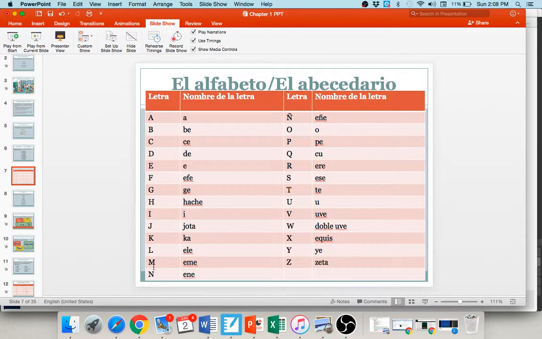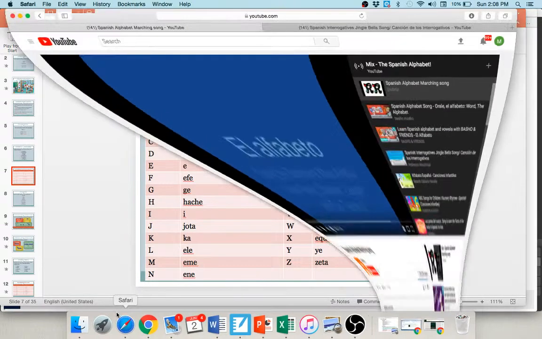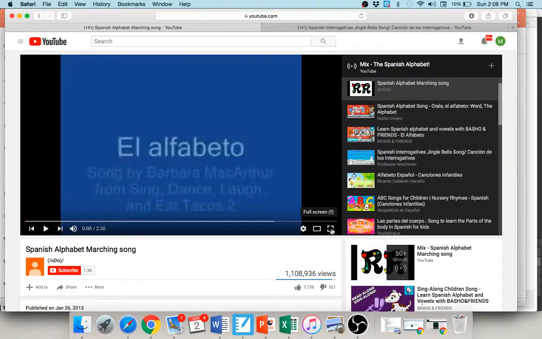You see the letter here to the left, and you see its pronunciation in Spanish to the right. Rather than going through in a methodical fashion and just saying all these letters, I have a song for you that I think is often helpful as you memorize these.